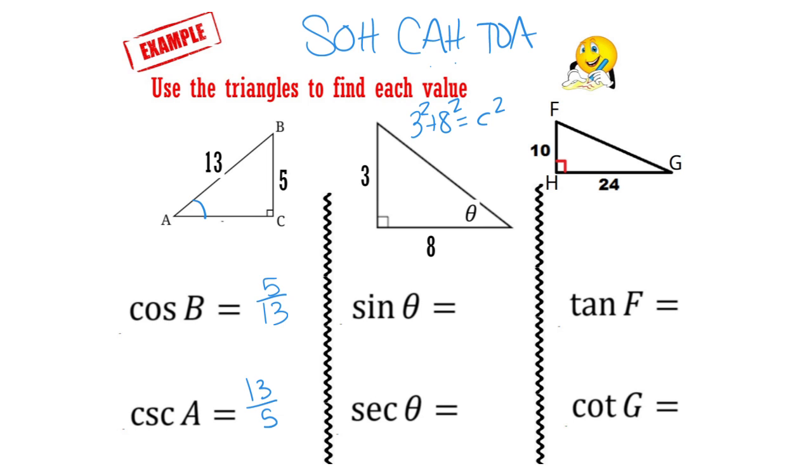I can do that in my head. So c is the square root of 73. That does not break down. Now, when I'm doing sine, I want opposite over hypotenuse. Opposite of theta is straight across, that's 3 over the hypotenuse, which is square root of 73.